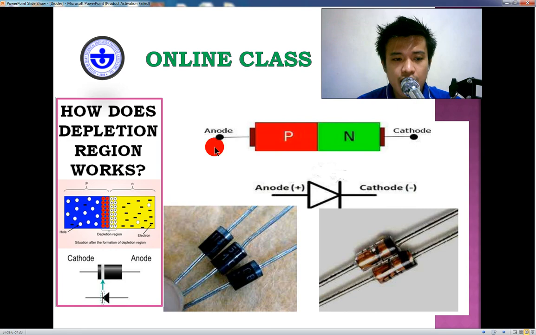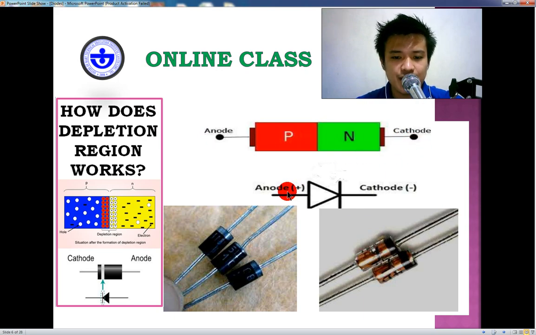Okay, next one: how does the depletion region work? So this is our diode. For example, the red part here is the positive part of the diode, and the green is the negative part. The positive part, as I mentioned a while ago, is the anode, and the negative part is the cathode.